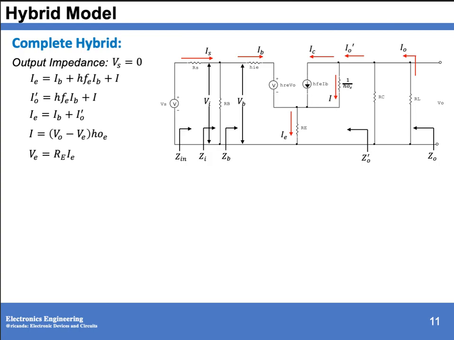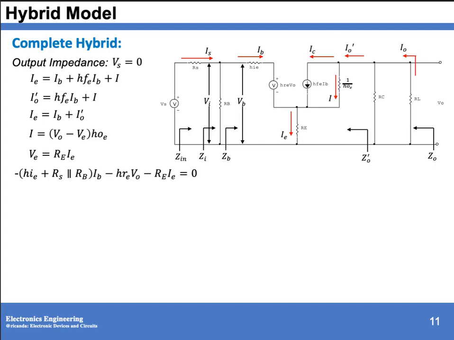Then next, since VS is set to 0, we have to get the equation of your voltage at the input side. So that is RS now in parallel with RB together with HIE, then the current flowing on both resistances is IB. So we have negative HIE plus RS in parallel with RB times IB minus HRE VO minus RE IE equals 0.